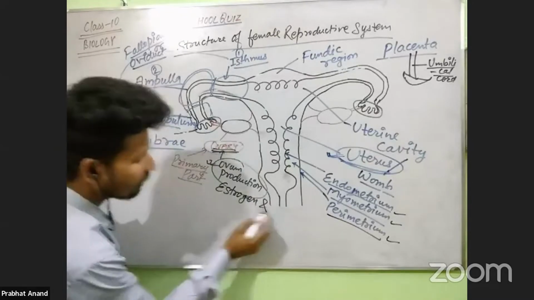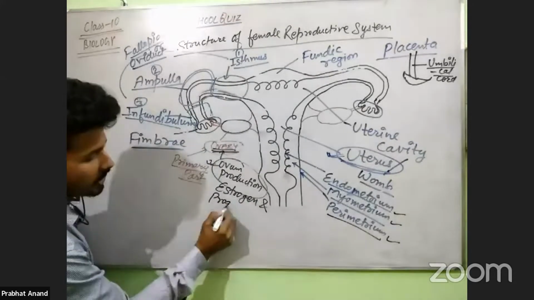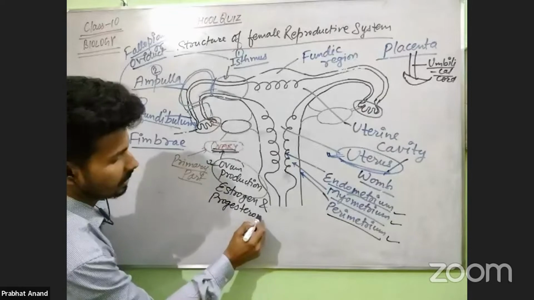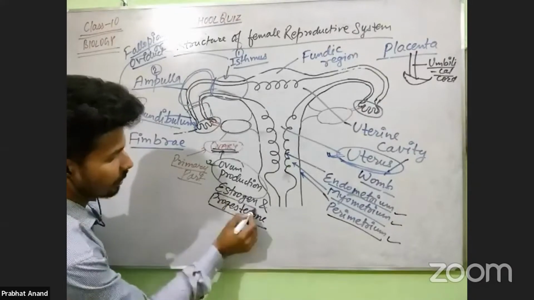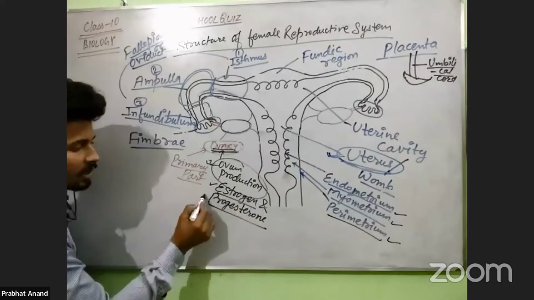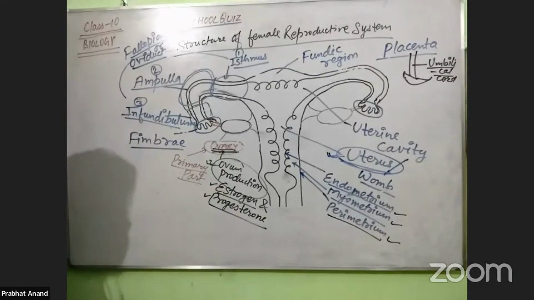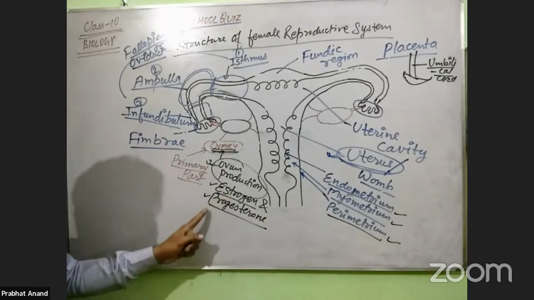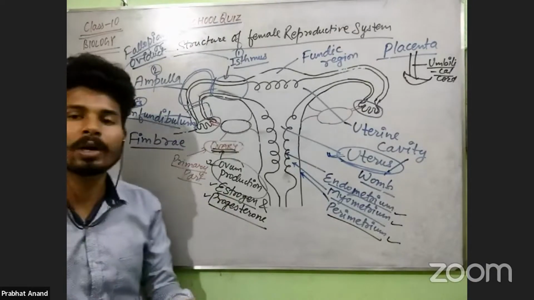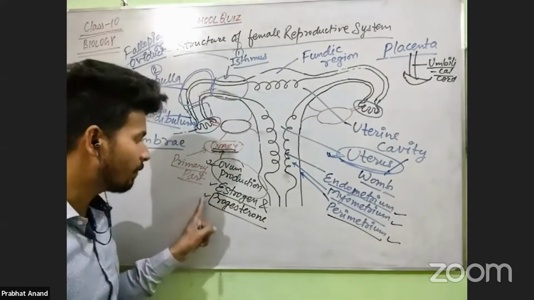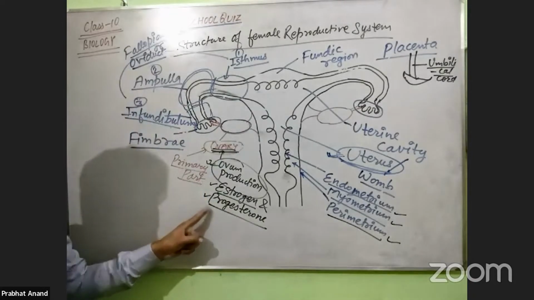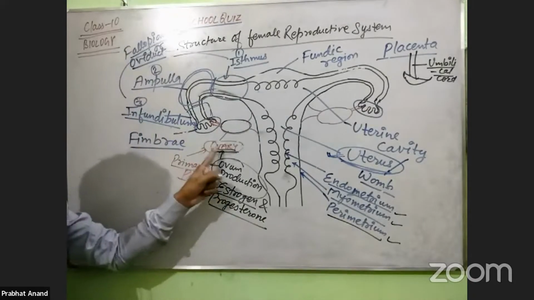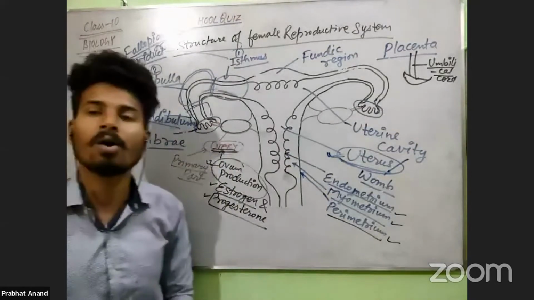And one more hormone that is secreted is called progesterone. First hormone is estrogen, and then progesterone. But both hormones function in a coordinated way, and due to the action of both hormones, the production of ovum takes place in the ovary.